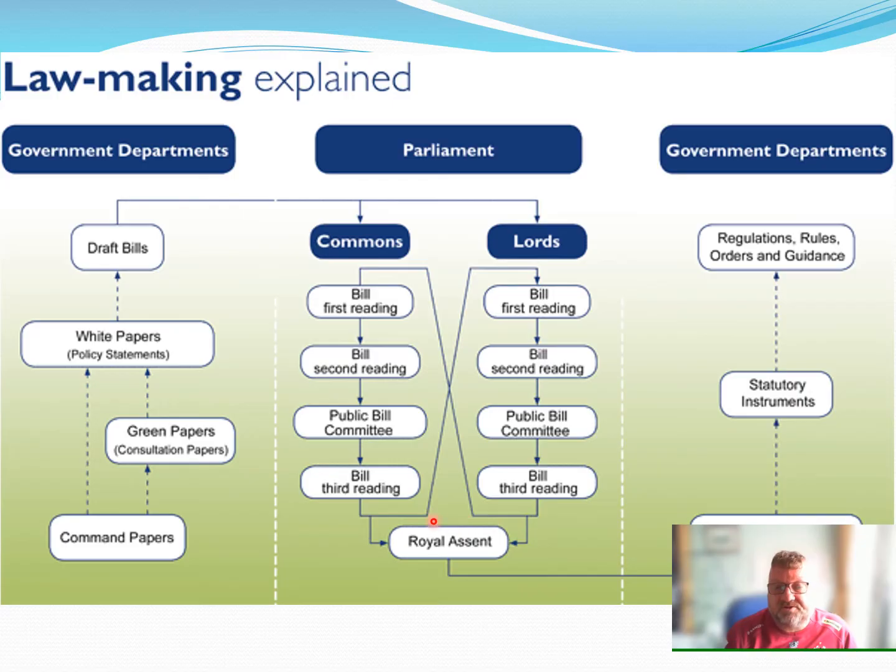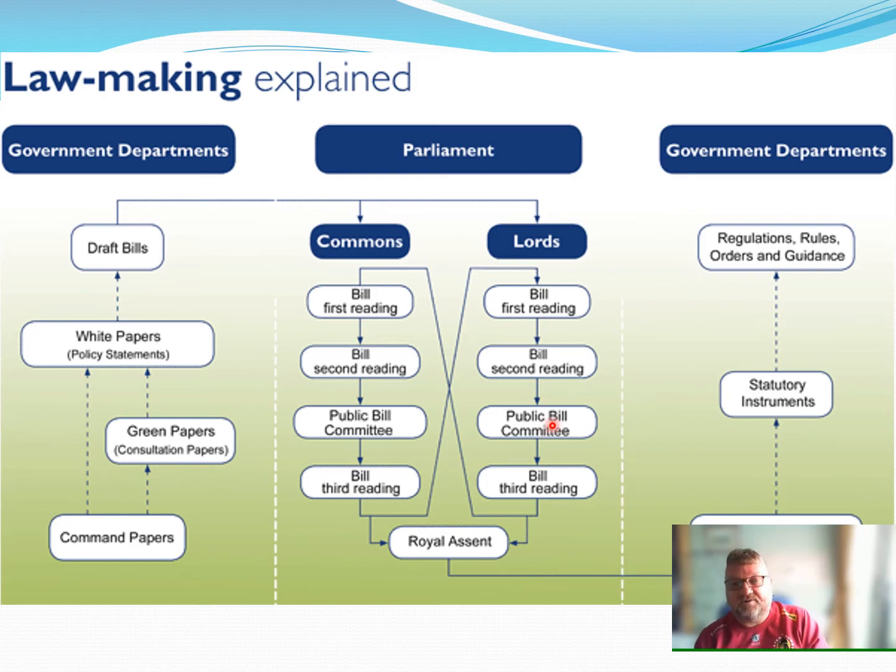It then moves to royal assent for the Queen to pass it off. So it can start off with the Lords and go that way and then that way, or it can start off with the Commons and go that way and then straight to royal assent. So that is the process. Basically, green, white, either of the houses, first reading, second reading, committee, third reading, other house, same process again, royal assent.